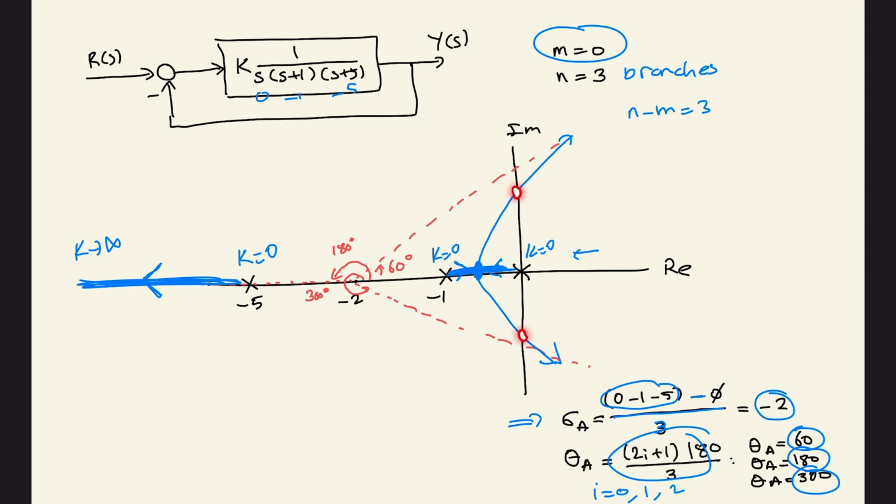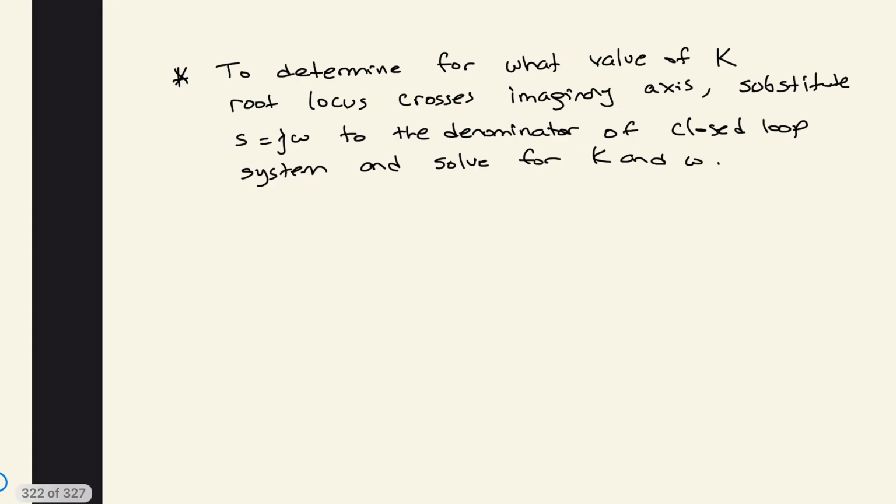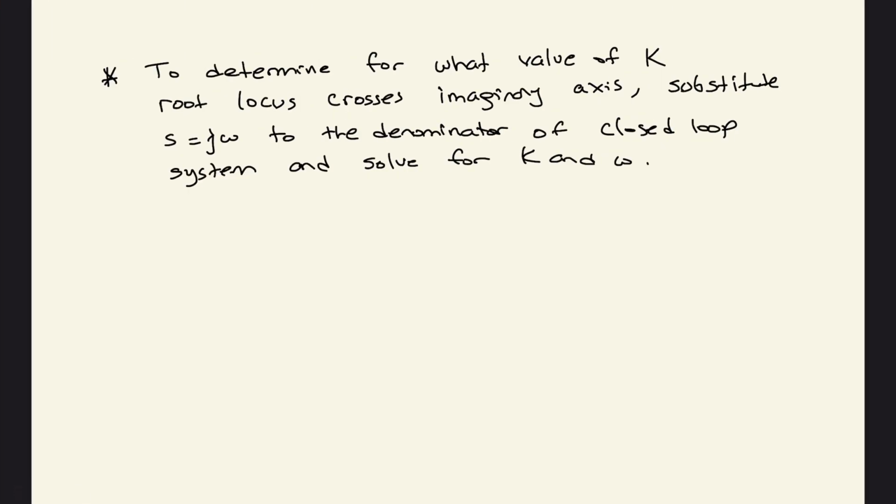So basically, if you increase your gain k further than whatever this value is, let's call it k star, your closed loop system will be unstable. So to maintain the closed loop stability, your gain k must be less than k star. This brings us to this additional rule. To determine for what value of k the root locus crosses the imaginary axis, substitute s equals j omega.